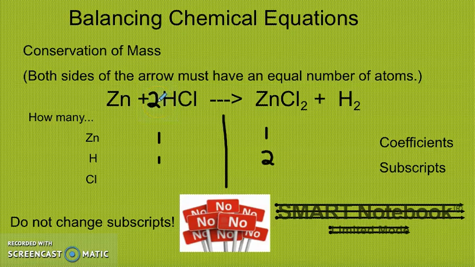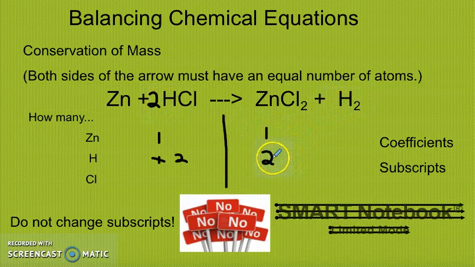Now, it's not always going to have a perfect solution when you change one. You may have to change one on the other side, and then on the other side, and then on the other side, and just get them balanced like that. But this is a change that may help here. So now we have 2 hydrogens on this side, 1, 2.